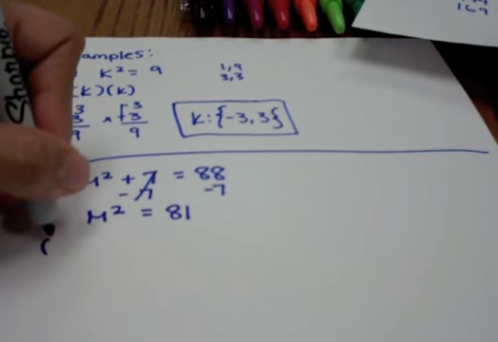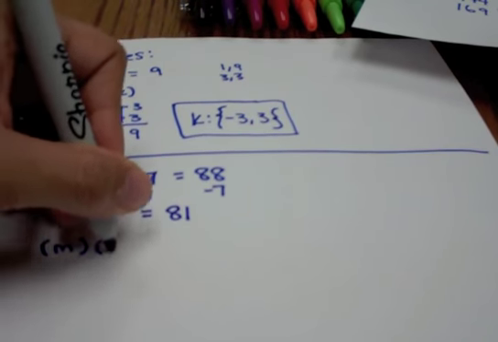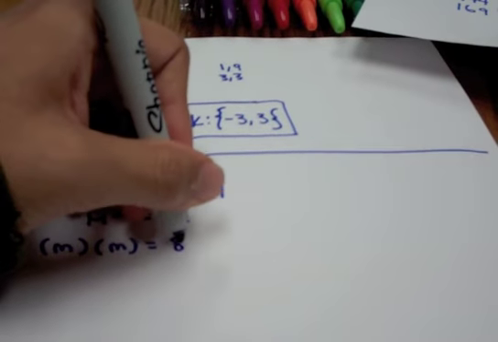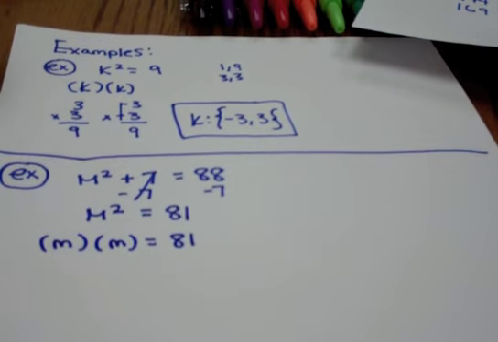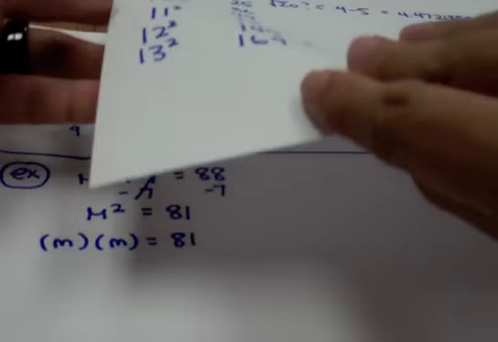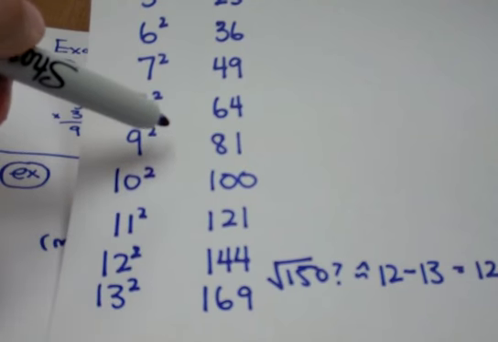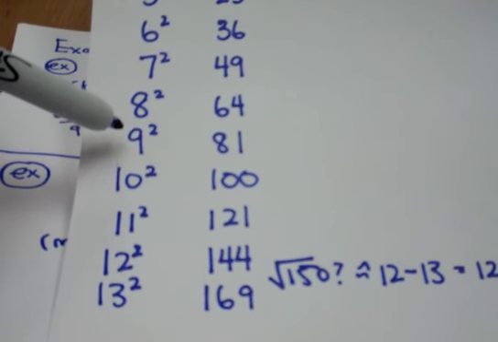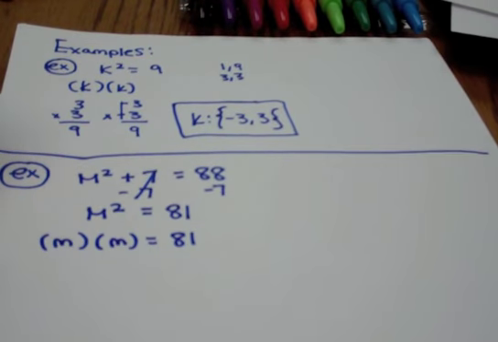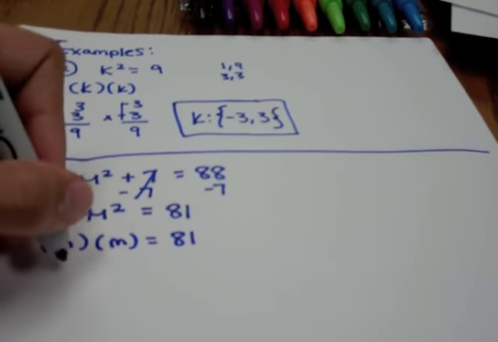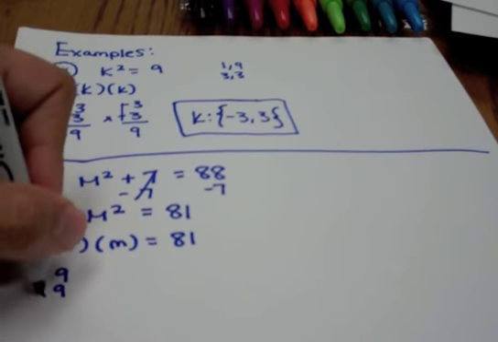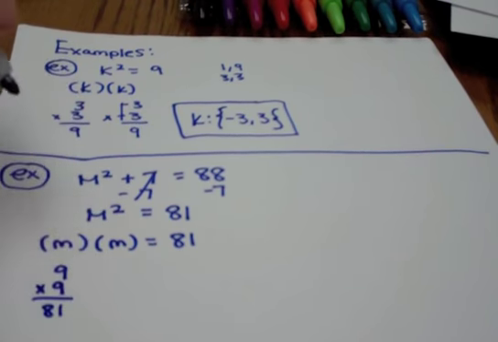That means m times m equals 81. I can look back at my chart and I see that 81 is 9 squared. So that tells me that 9 times 9 is 81.